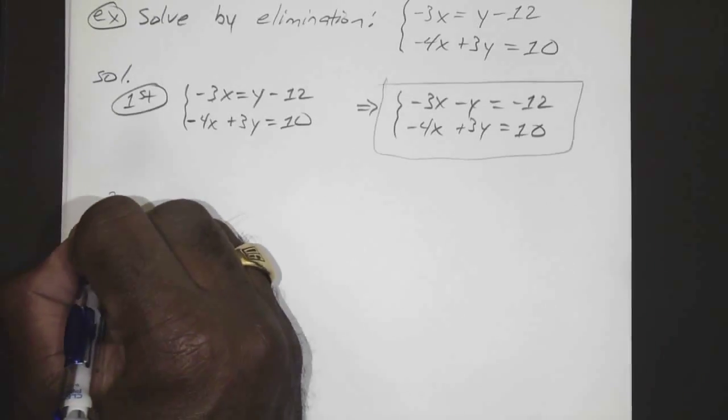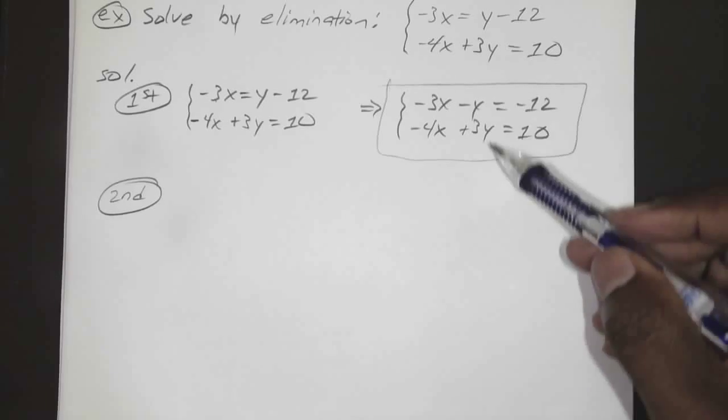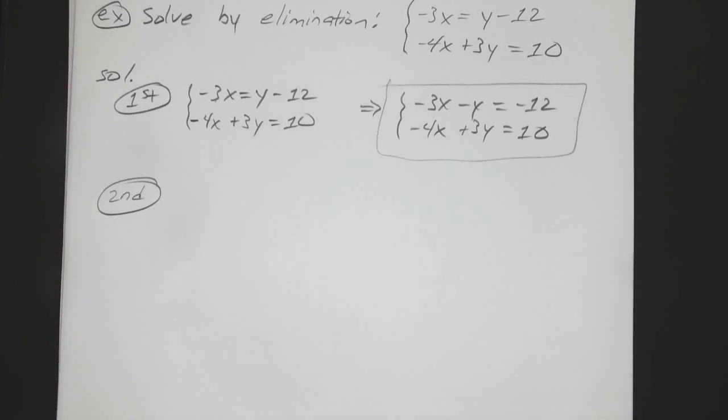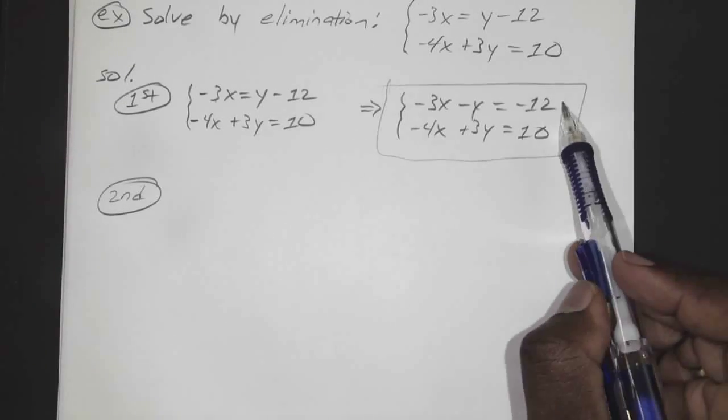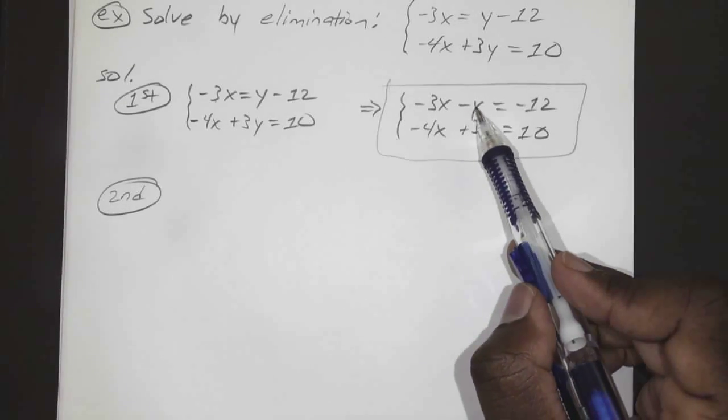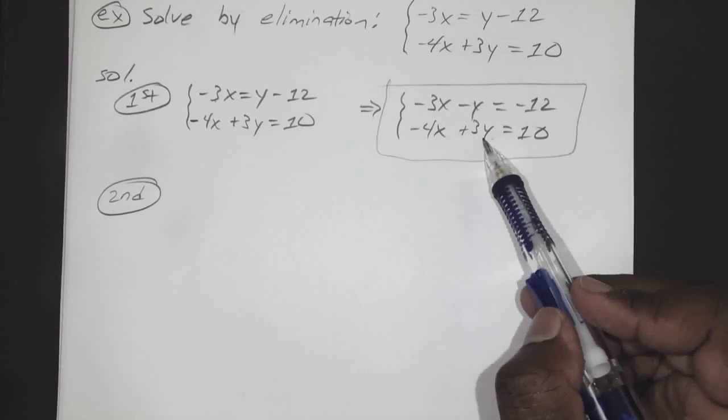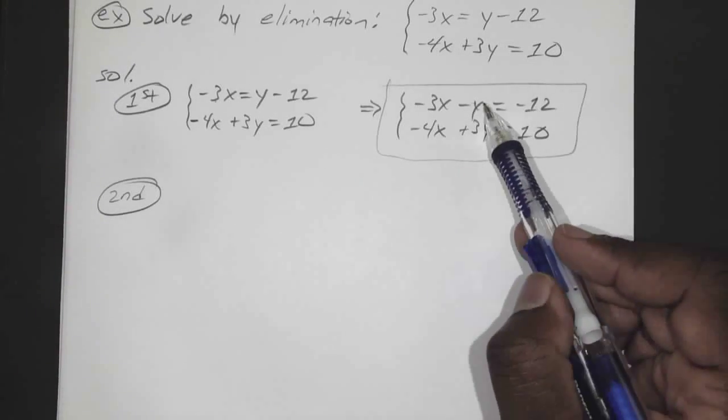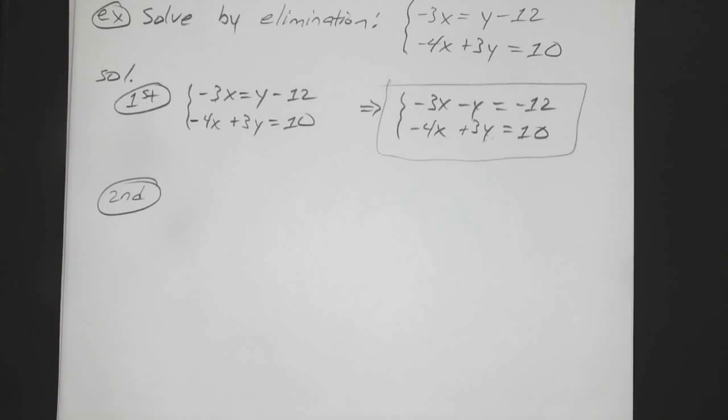Okay, so now for our second step, we know that if we added it together right now, nothing would disappear. So really, if we took this first one and multiplied it by 3, our y's would disappear, because we'd have negative 3y and positive 3y.